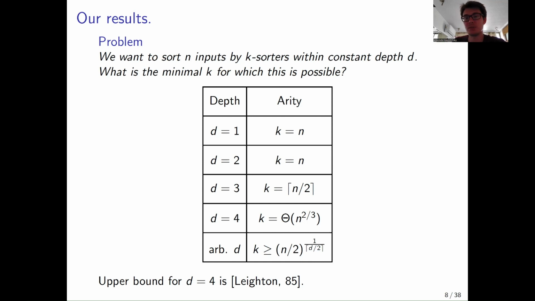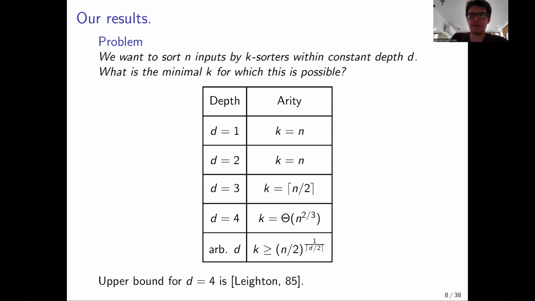But for d equals 3, the answer becomes smaller than n, and yet it is not as impressive because it's again a linear function in n. More specifically, the minimum is exactly n over 2 rounded up for every n. And finally, for d equals 4, the minimal k becomes sublinear. More specifically, it becomes of order n to the 2/3.